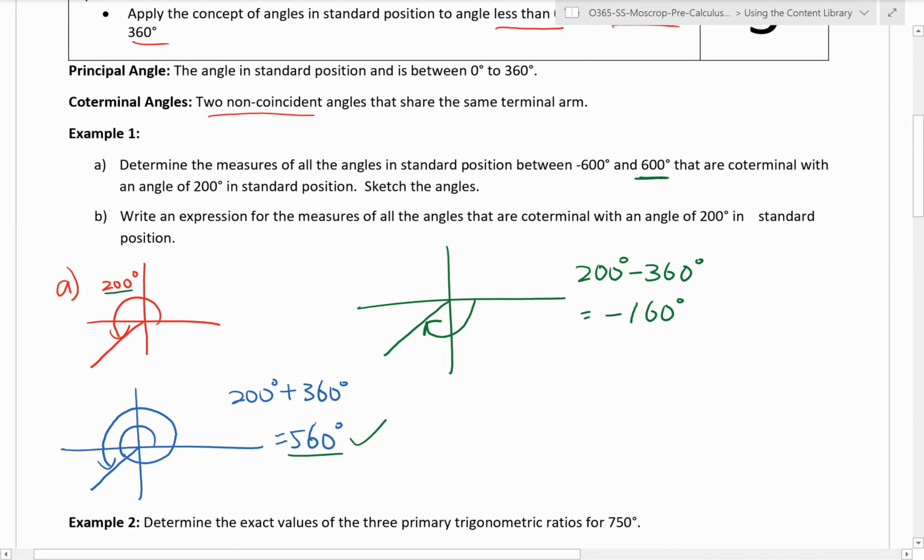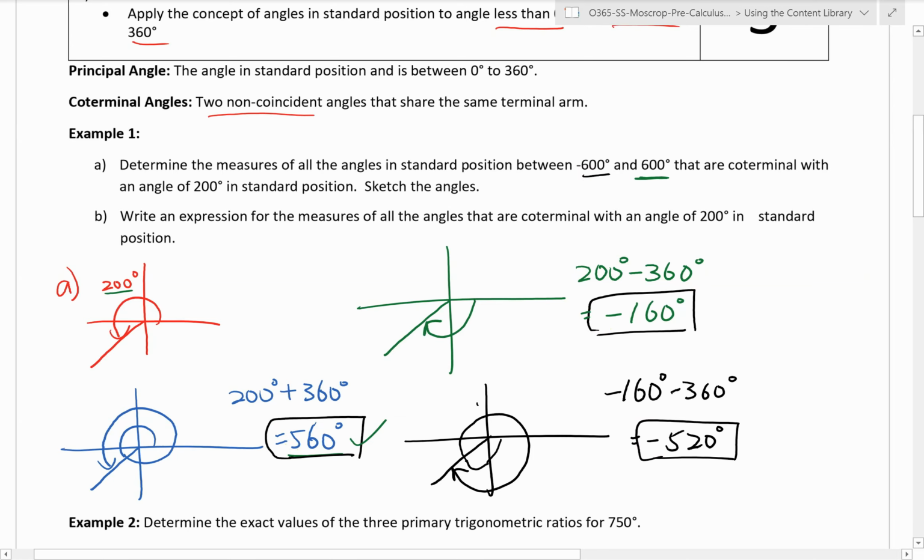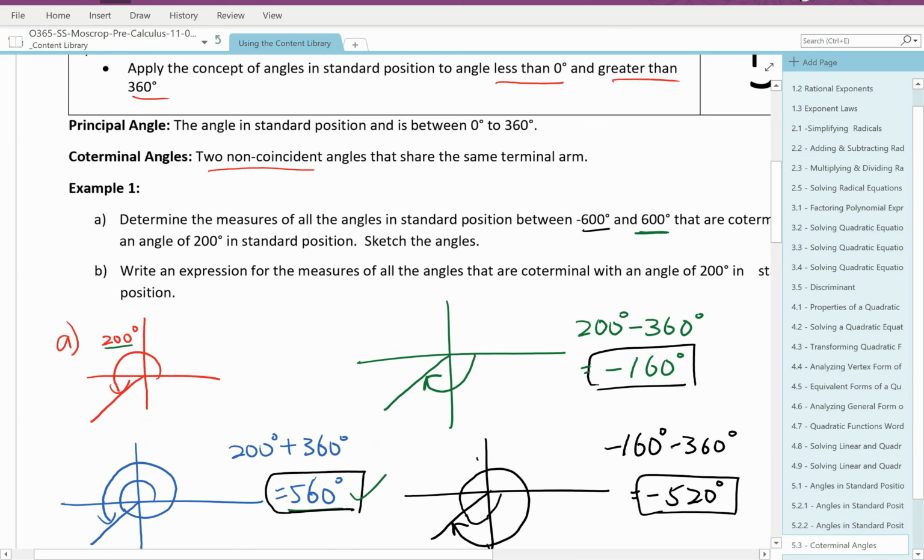And you can see all these three angles, 1, 2, 3, are all between negative 600 and positive 600. So these three angles are coterminal angles with 200 degrees. Okay, so that's part A.